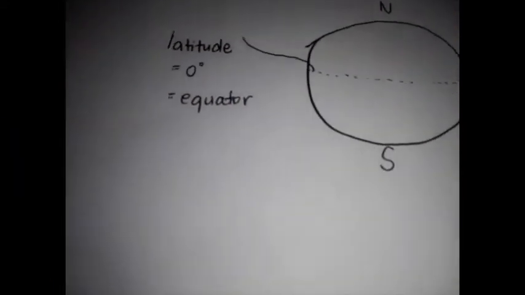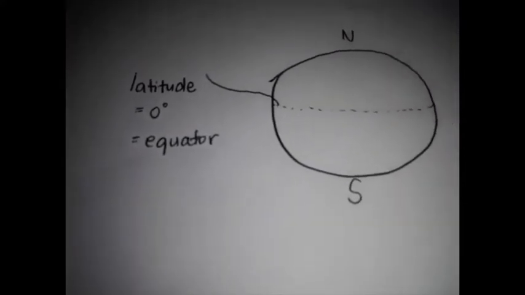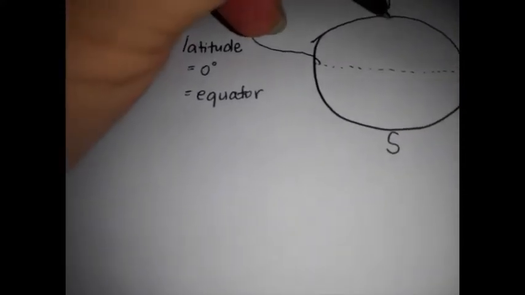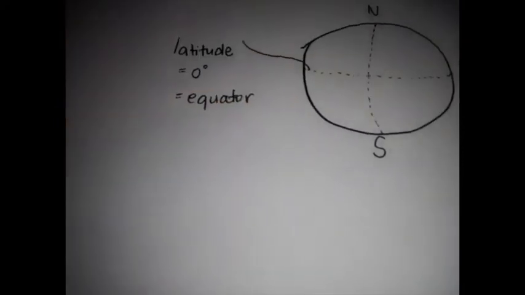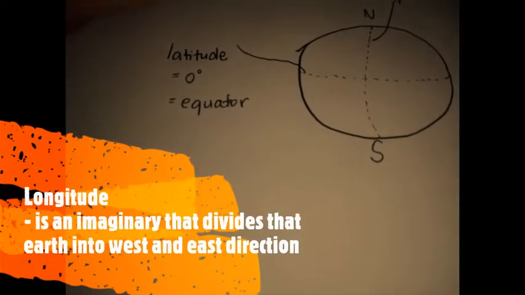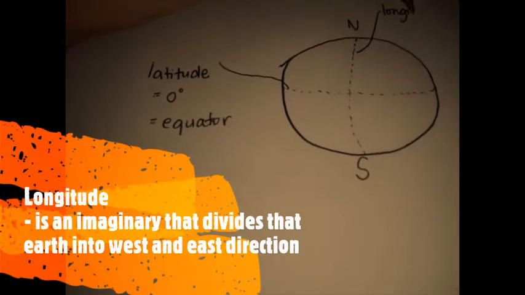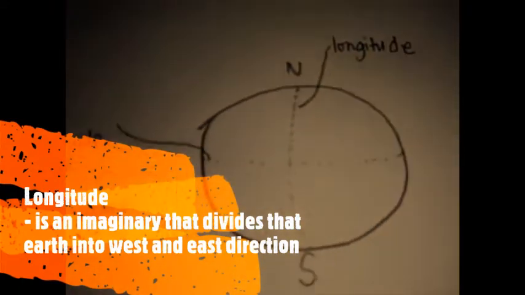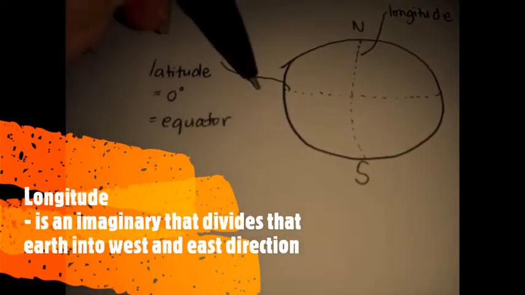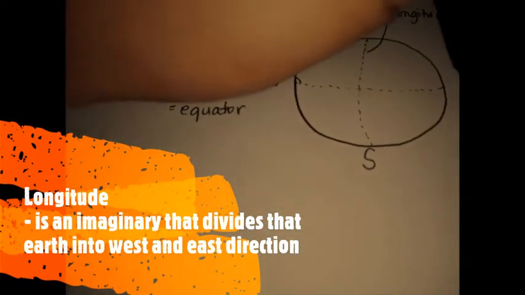So, the other line that divides the globe or the Earth into 2 different directions is this one. And it is called the longitude. So, ang longitude naman, guys, ay nagdi-divide into west and east.